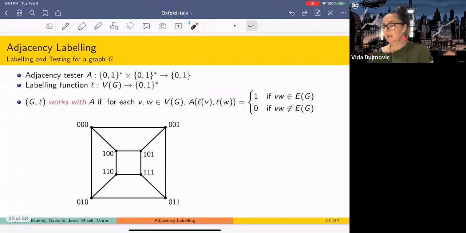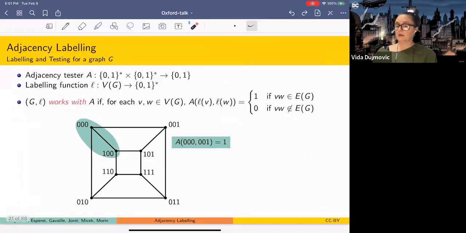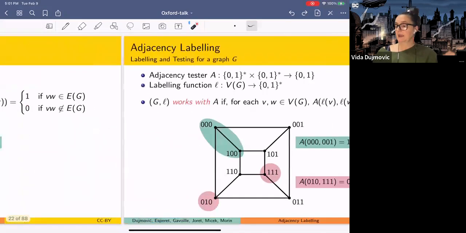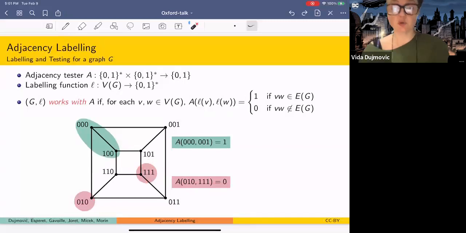So here's an example. For example, here, if the label of this vertex is 0, 0, and the label of this vertex is 1, 0, 0, I want the adjacency tester to output 1. And in an example like this, the adjacency tester would output 0. So for this labeling, the adjacency tester, we would say works. Well, at least it works for these two examples I picked.